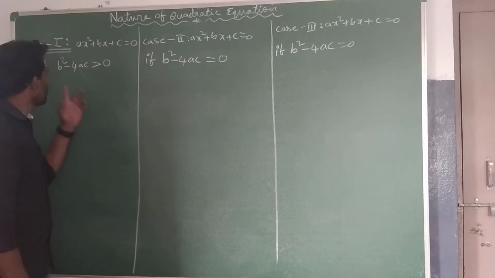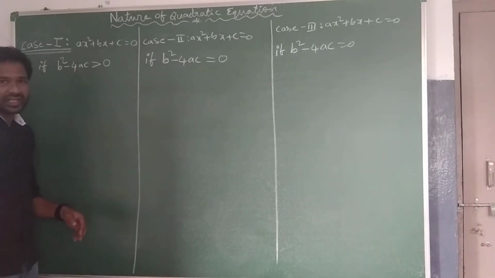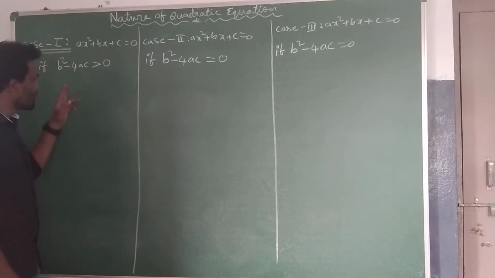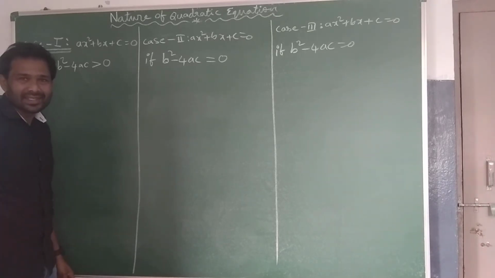See children, in the first case, the quadratic equation ax square plus bx plus c equal to 0. In this first case, b square minus 4ac is greater than 0. In this case, two real roots will exist.